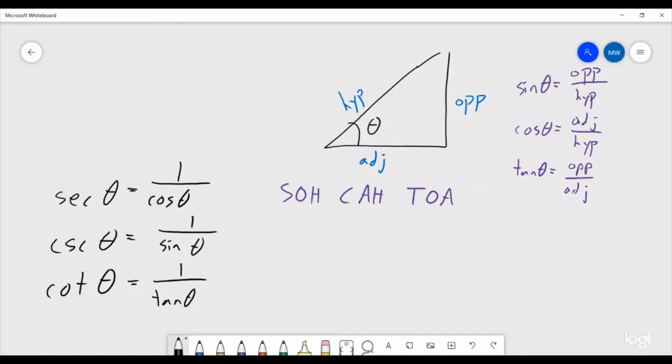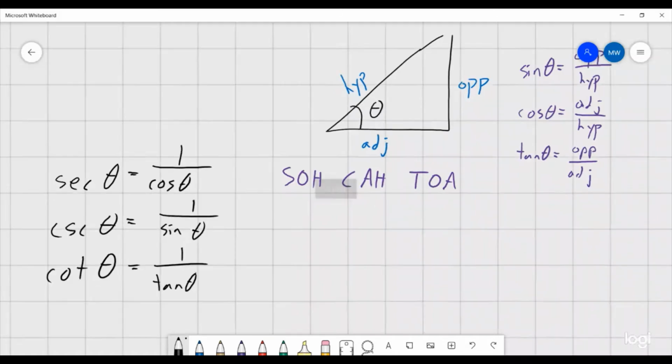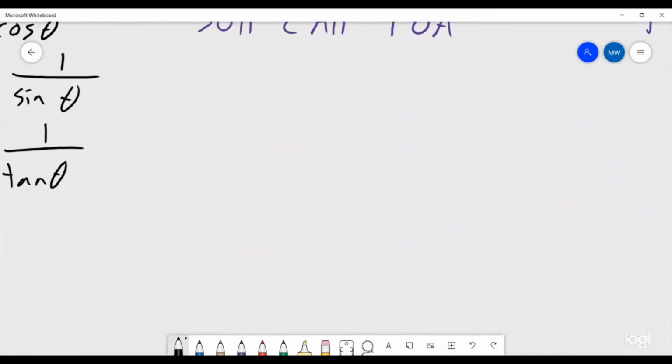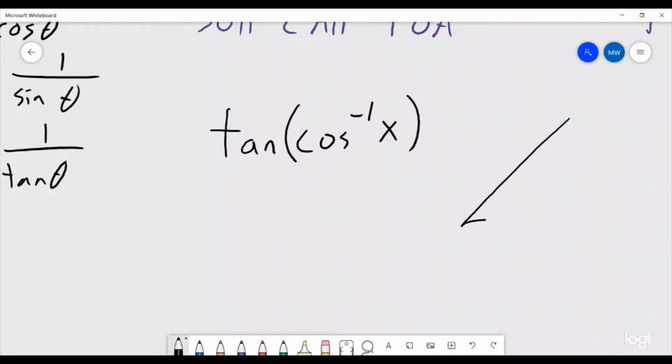Now, some problems that you might come across are things like this, where we have: what is tangent of inverse cosine of x? Well, that's going to be a little bit tricky to figure out unless we draw out a triangle.